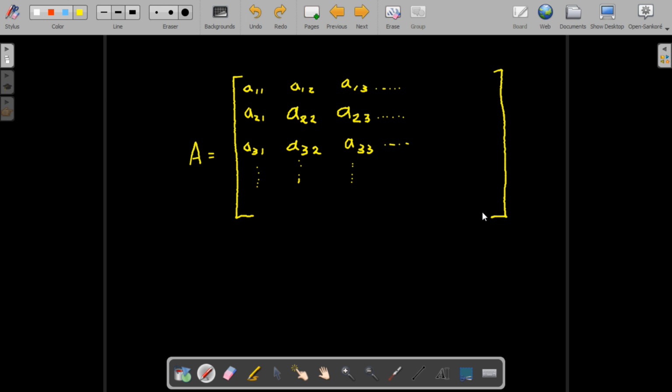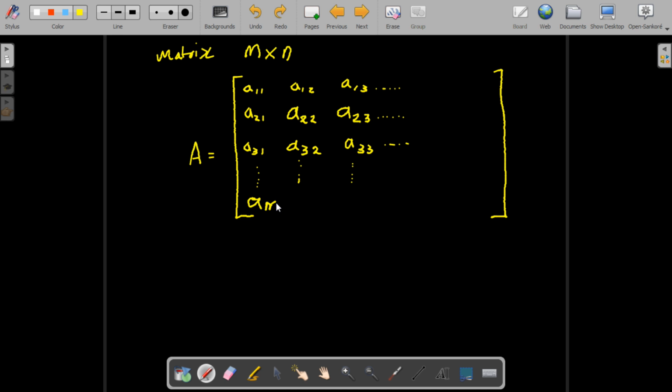And that pattern continues all the way down. Now the last position, all along here. Remember our matrix is always an m by n, so rows by columns. So this position here is the very last row, which is m.